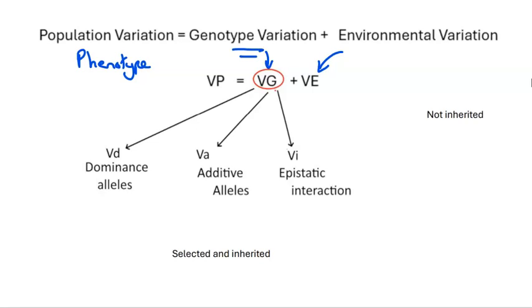Now we're largely going to leave the environmental variation to one side for a moment, and the reason for that is that this component is not inherited. So changes to a phenotype which are attributable to the environment in which they have been functioning, so we would call that phenotypic plasticity, are not inherited.